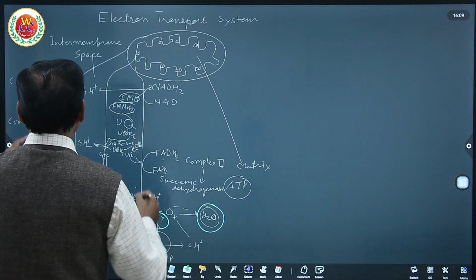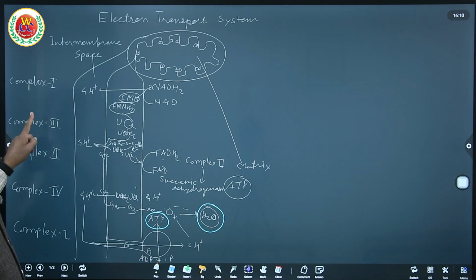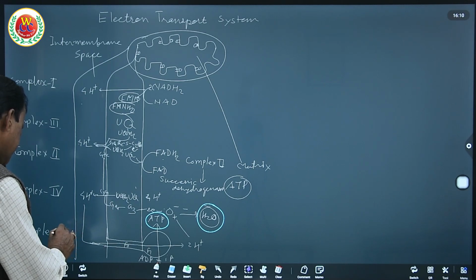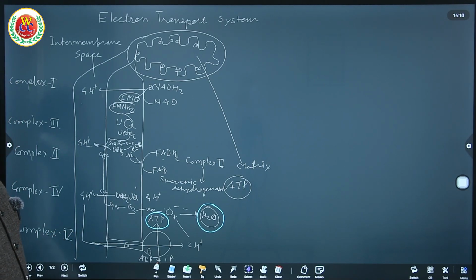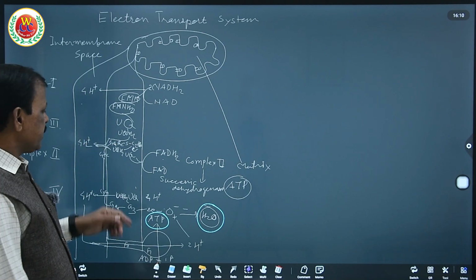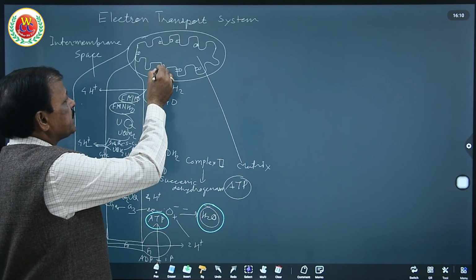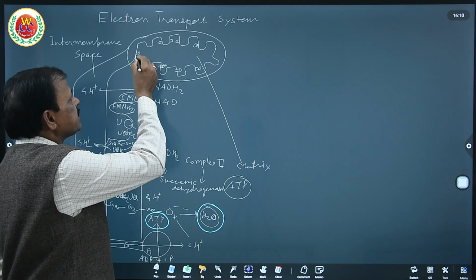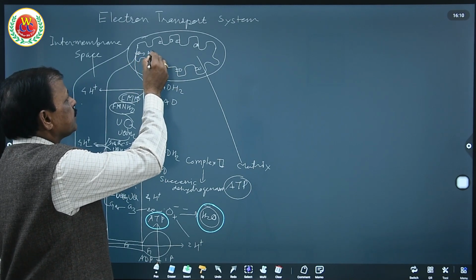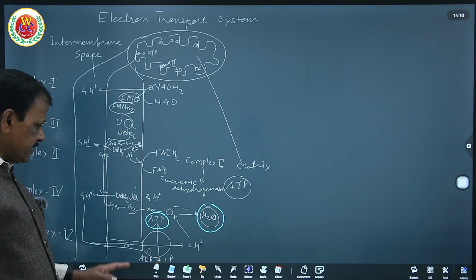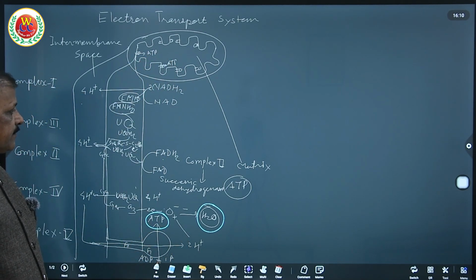The inner membrane of the mitochondria consists of 5 complexes: complex 1, complex 2, complex 3, complex 4, complex 5. All these complexes are involved in the electron transport system, and complex 5 is ATP synthetase, which is present in the inner membrane directed inward so as to produce and accumulate ATP inside the mitochondrial matrix. That is what I explained here.